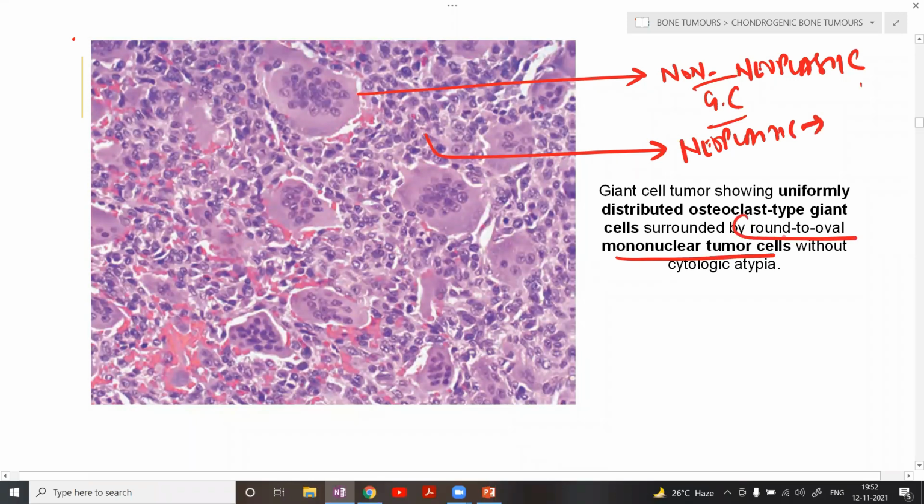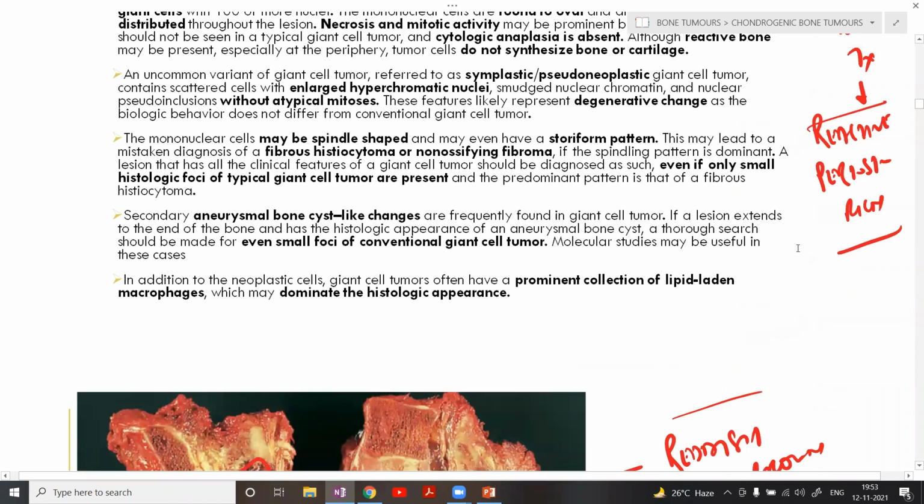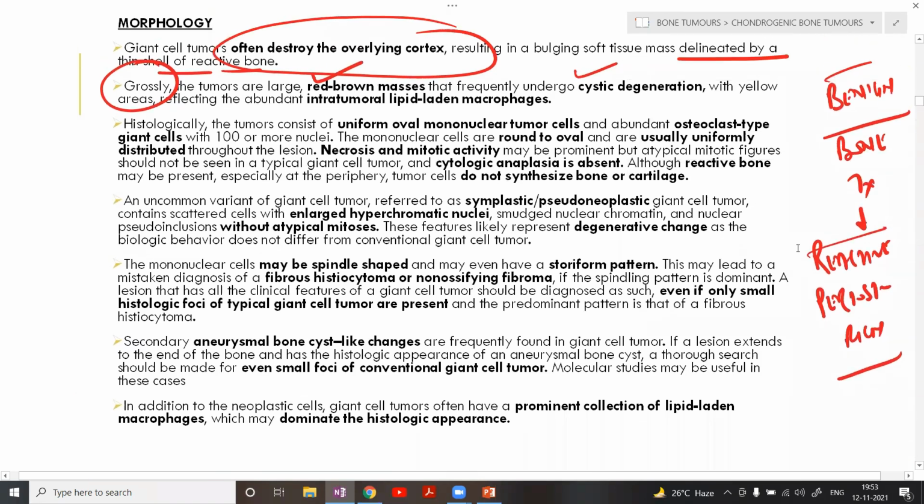But a very important point over here is that there is no cytological atypia. Cytological atypia is completely absent. Much necrosis and hemorrhage will not be seen. Classically, the cells are benign looking. So this is one very important point that we have to understand. Remember, there are two parts: osteoclast-type giant cells, and the tumor cells, which are mononuclear, round to oval, and uniformly distributed throughout the lesion.